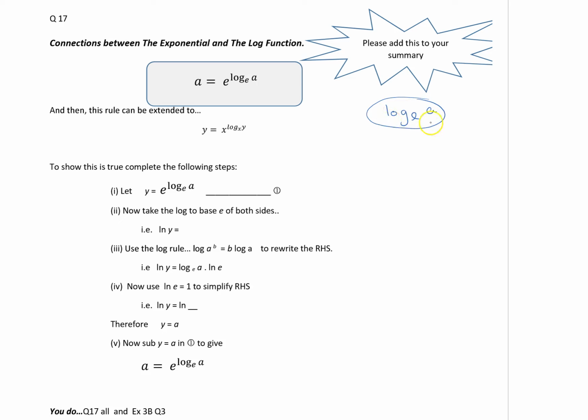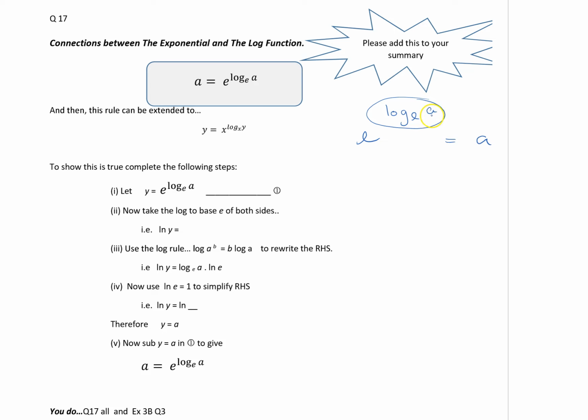If I then take the answer to that and perform the exponential of that, so I'm going to raise e to this, that's performing the exponential, then the result is it gets me back to A.